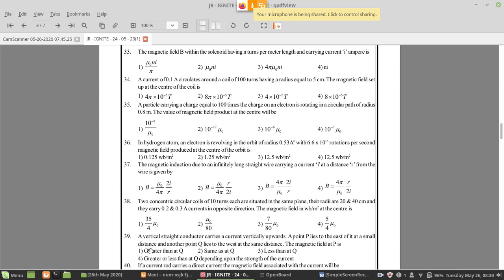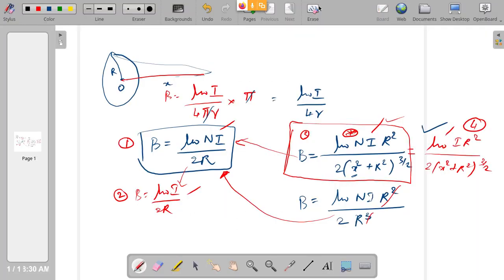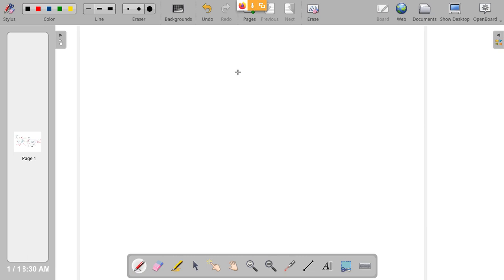So all you have to do is apply the first formula, mu naught Ni by 2R. Here I is 0.1, capital N is 100, radius is 5 centimeter. So we have to use mu naught N I by 2R.